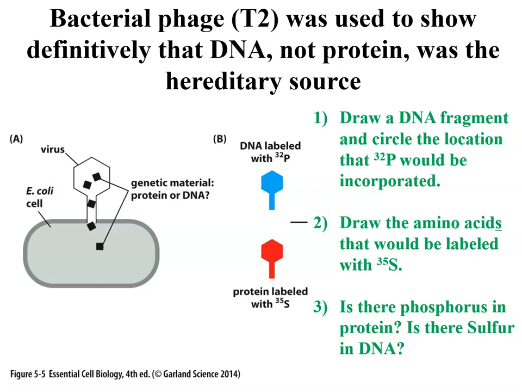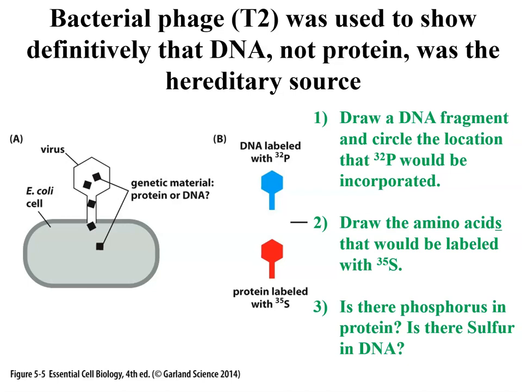There are 20 different essential amino acids, and there are only 5 types of DNA or RNA, right? So they were thinking, well, we have all of this complexity, all of these different types of things that protein can be made up of and can change, where DNA is just so limited, so it doesn't seem like that would be the hereditary source.